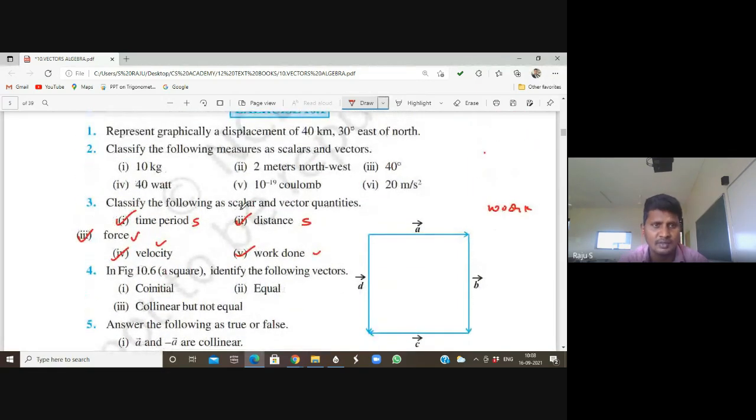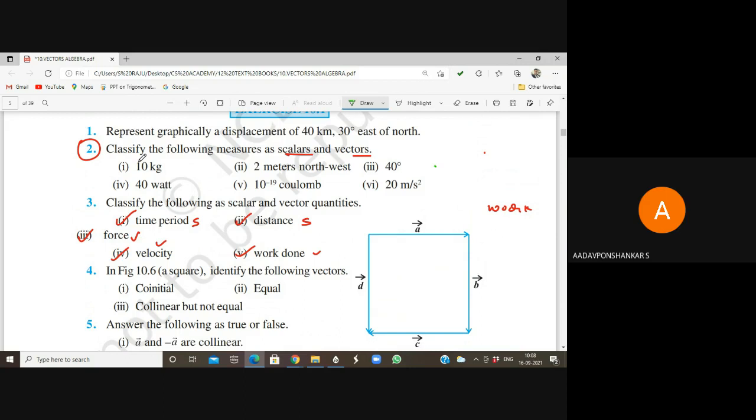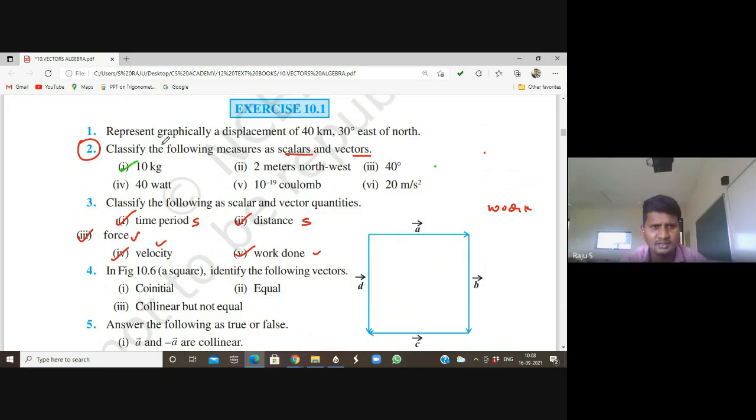Okay, second question is that, classify the following measures as scalar or vector. What about the first, 10 kg? Vector. 10 kg means it is a weight. But what about the second one?